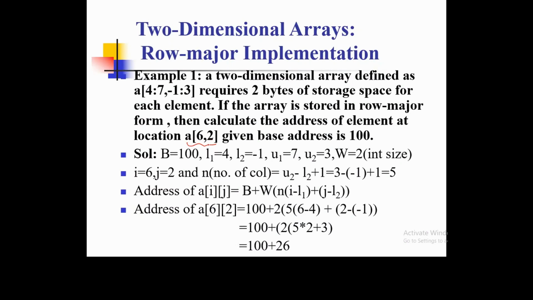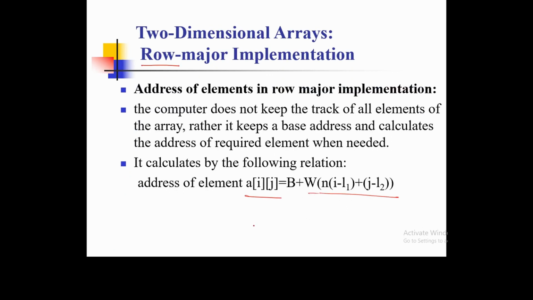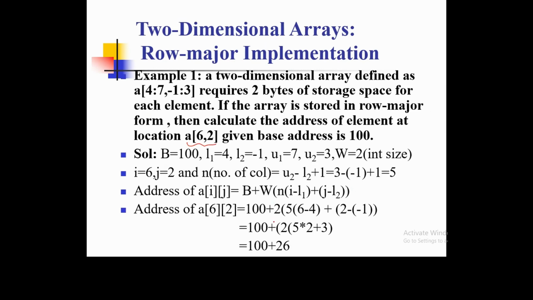Now, what was the formula? The formula is aij equals b plus w into n into I minus L1 plus j minus L2. I'm simply writing it here. It is the address of aij equals base address plus w n into I minus L1 plus j minus L2. So you need to put in the values which are given. Base address 100, w is 2, and the number of columns n will be U2 minus L2 plus 1, that is 3 minus minus 1 plus 1, which is 5.